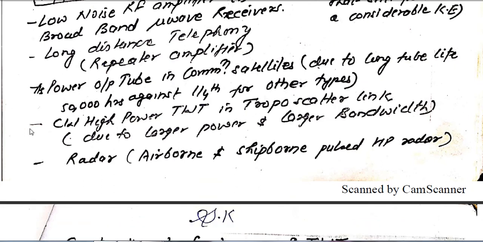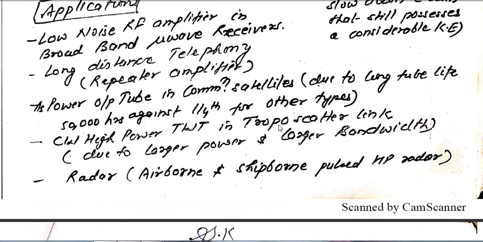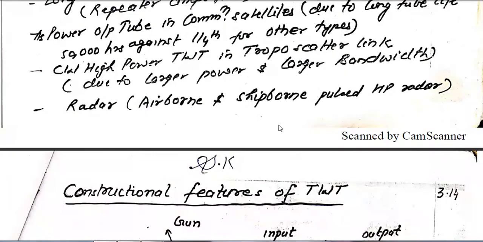Then as a continuous wave high power TWT in troposcatter links, due to larger power and larger bandwidth. Then they can also be used in airborne and shipborne pulsed high power radars. So these are some of the applications of this TWT.